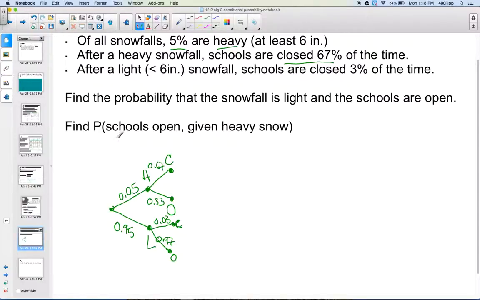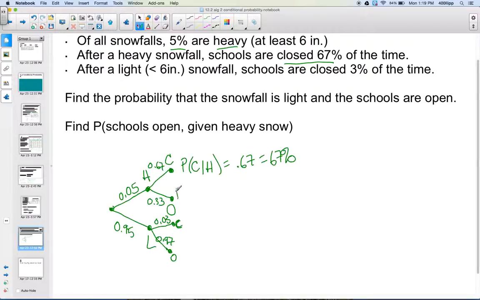So now we have to look at, okay, we're going to find the probability schools are open given it's a heavy snowfall. This first option is the probability schools are closed given it was a heavy snowfall, and that's going to be 0.67, 67% of the time.